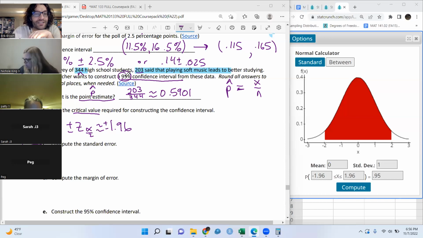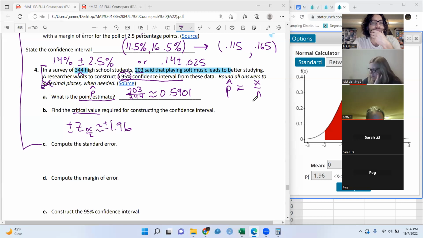Nice. What's 100 minus 95? 5%. So we're saying it's unusual for a sample to not contain the true population value when we pick a 95% confidence level. That's why this is such a common confidence level.